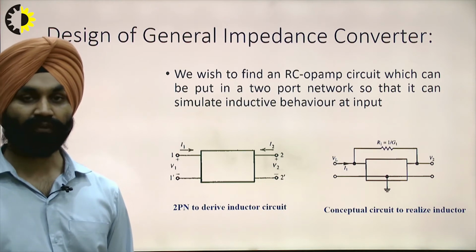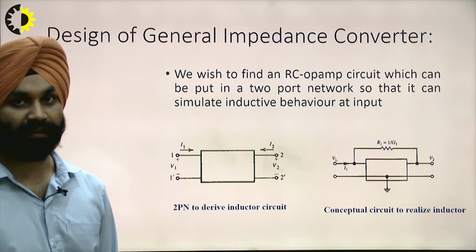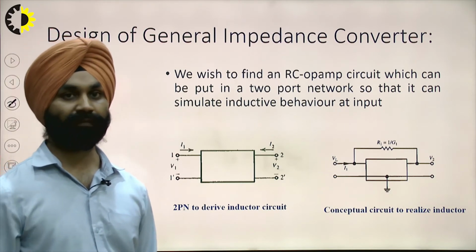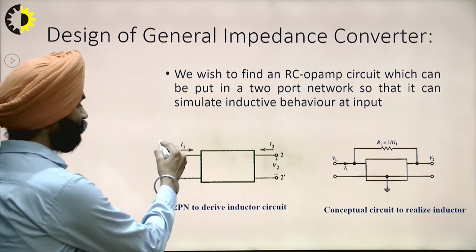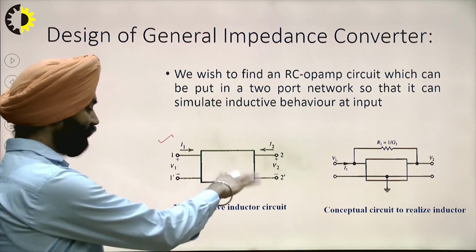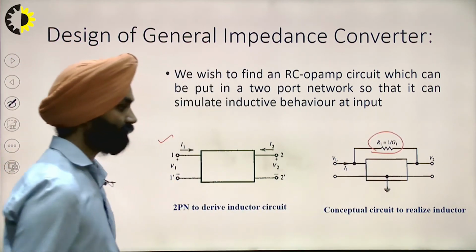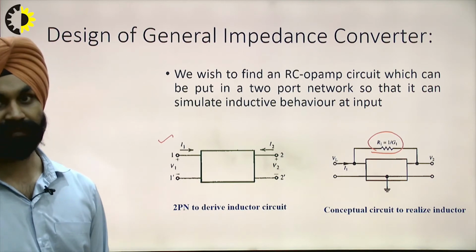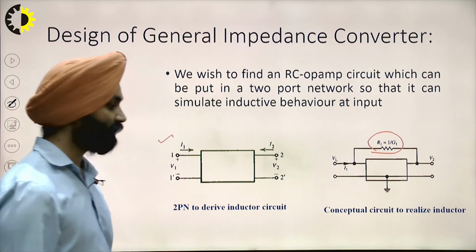So if we want to design these circuits plus some active circuits to implement an inductor, let's suppose we have any circuit, and we take all the circuits plus the inductor circuit.